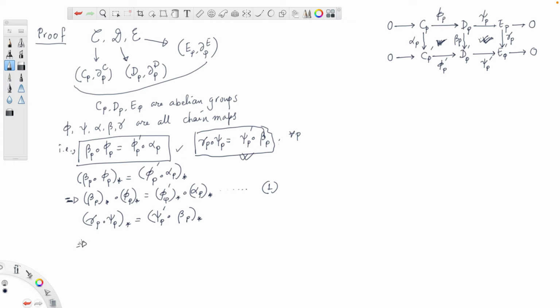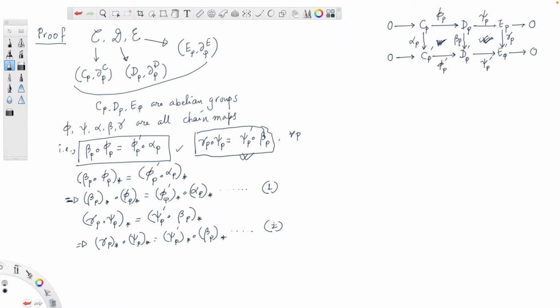We know that the structure of the composition is respected throughout the process, and this gives us gamma p star composed with psi p star is equal to psi p prime star composed with beta p star, and this is our equation number two.